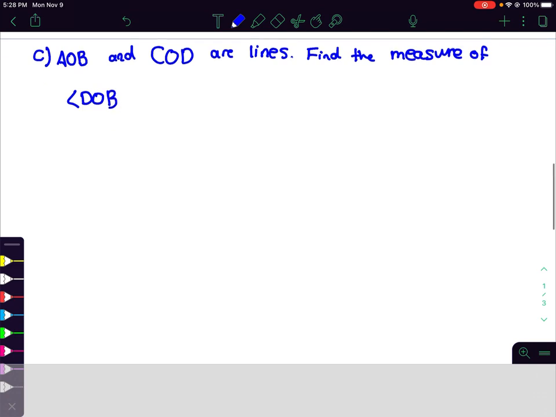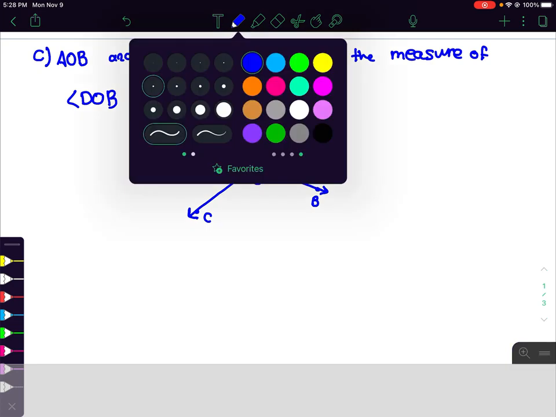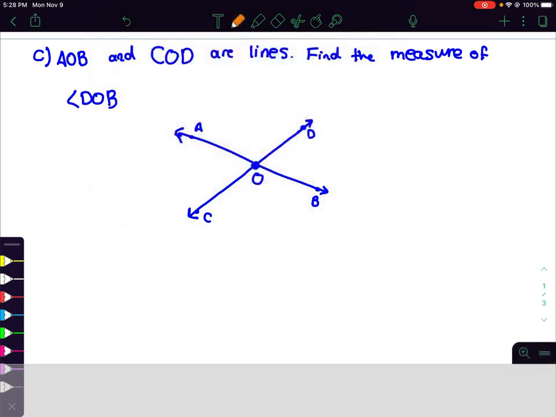So I have to draw it for you so you can see what the question is asking. So we have one line like this, another line this way. The center point is called O. They all have a name: D, B, C, and A.